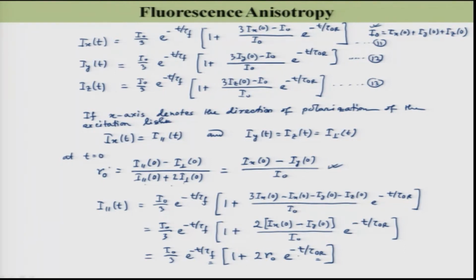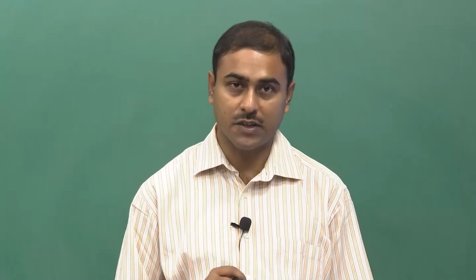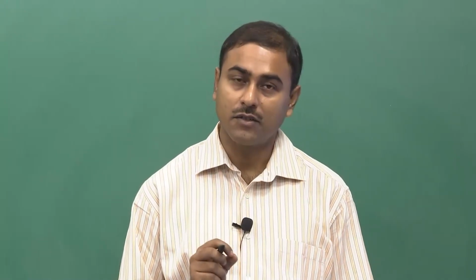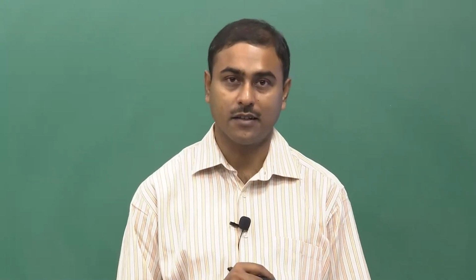So, it is like that. Similarly, next day I will calculate this I perpendicular t, and then I will see, when I plug in this I parallel and I perpendicular into my original equation of anisotropy, how the R t will look like. Thank you very much.